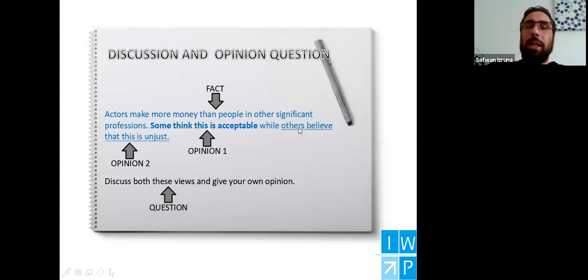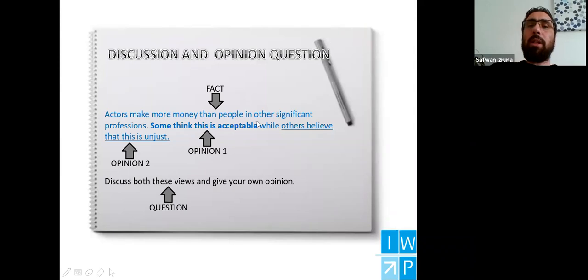Actors make more money than people in other significant professions. Some people think this is acceptable, while others believe that this is unjust. Okay, so we have the two opinions. It's acceptable and it's unjust. Here, this is given to us as a fact.